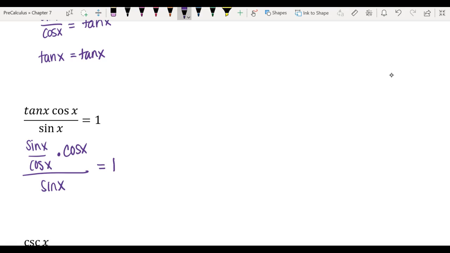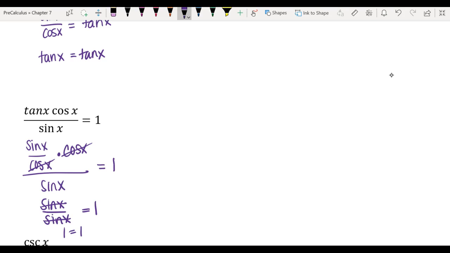So what cancels first though? The cosines cancel. So then you would say cancel, cancel. So now I have sine of x over sine of x needs to equal 1. Sine of x and sine of x cancel, right? So then you have 1 equals 1, and you're done.